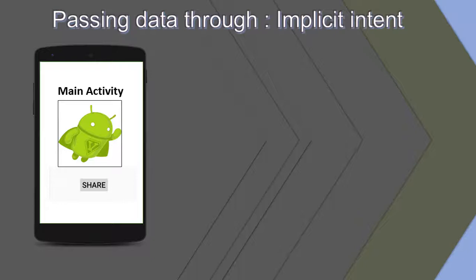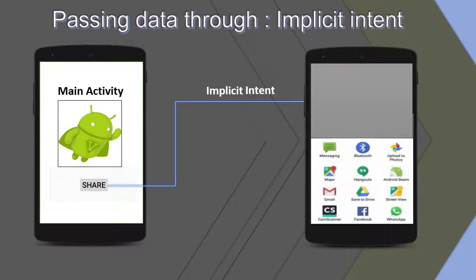On click of this share button, with the use of implicit intent, it will open a bunch of applications, from which we can select one application of our choice to share the data. In our case, I'm going to use the WhatsApp application to share the data. This is a simple demonstration of how implicit intent is used to share data among different app activities.